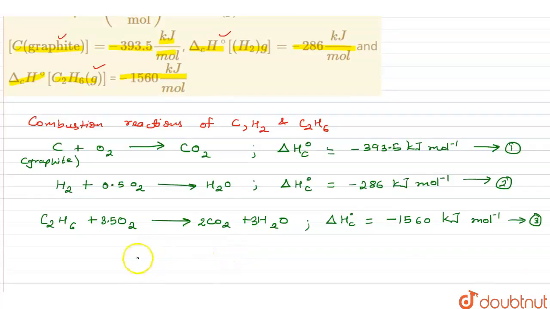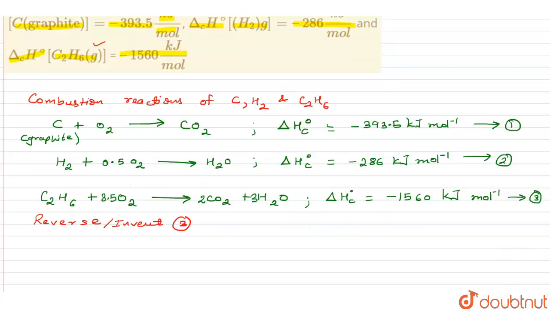Now, as you can see over here, the combustion reactions have been presented, and from this, as I told you, we would be deriving for ethane. In the third equation, we can see ethane, but it's on the reactant side. So let us reverse, or invert, equation number 3.